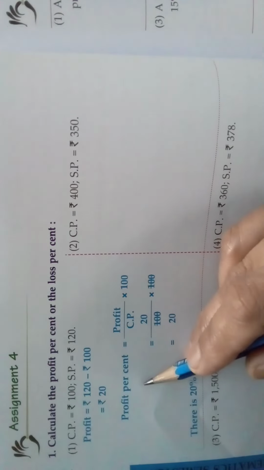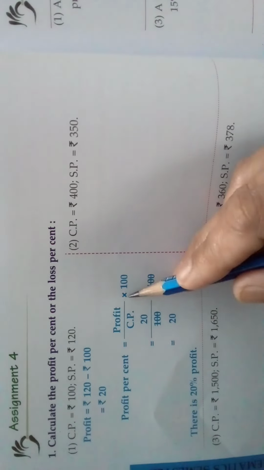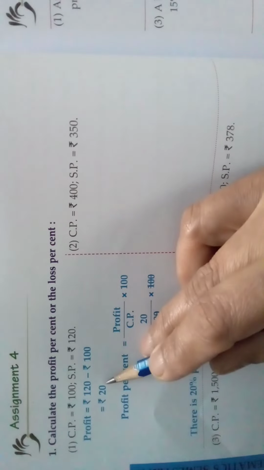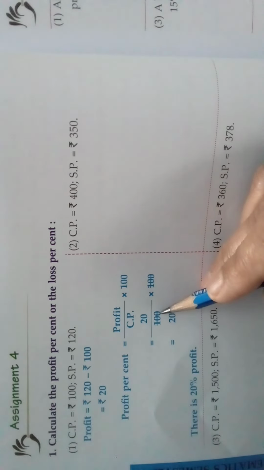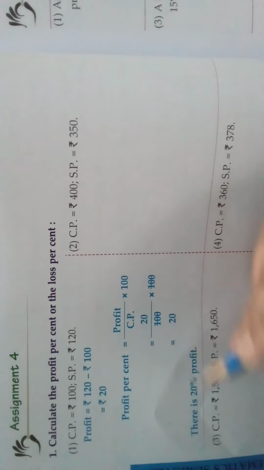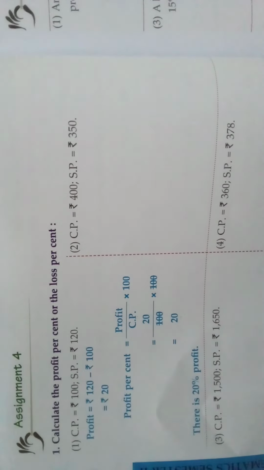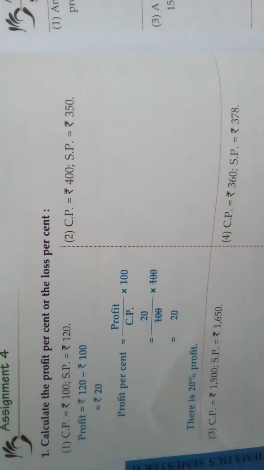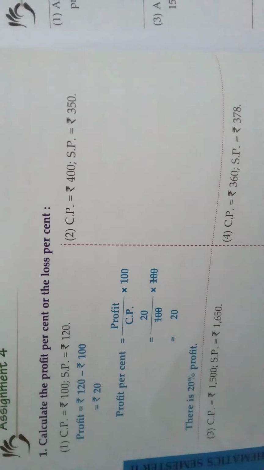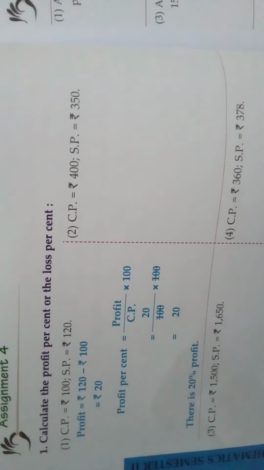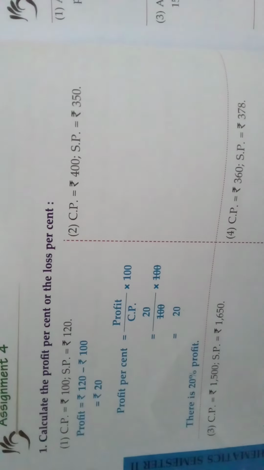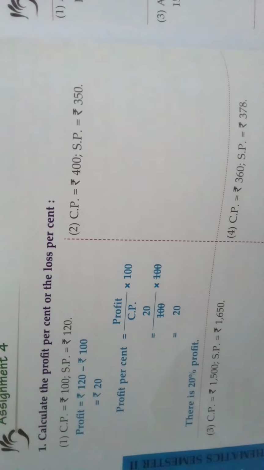So we should find the profit percent, profit by cost price into 100. So what is the profit? 20 by 100 cost price into 100 is 20. So there is 20% profit. We will tell it in terms of percent only. 20% profit I got, 100% profit I got, somebody tells, no. So that's the meaning of this, okay.